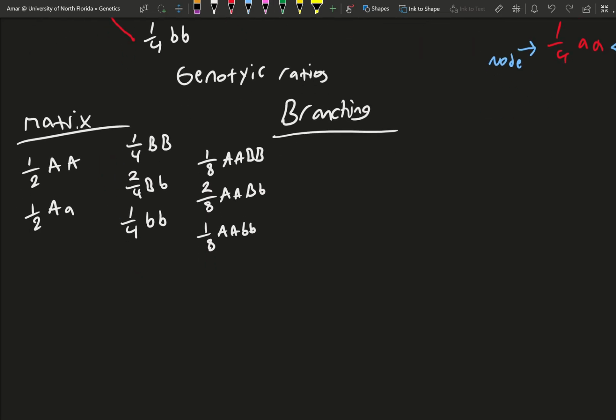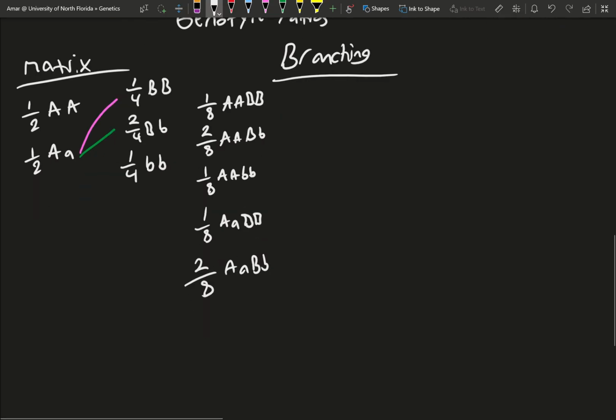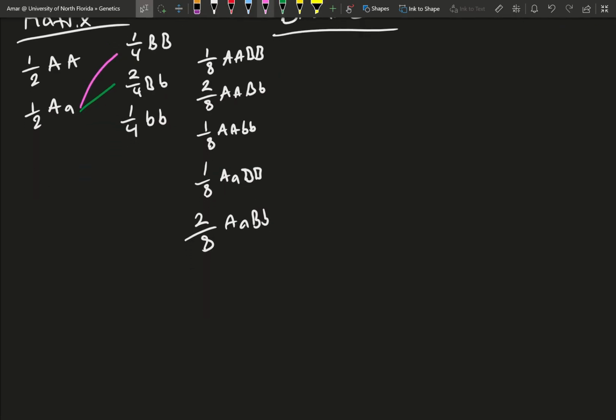Hopefully that makes sense. And then big A, little a with big B. We're going to have a 1/8 big A, little a, big B. We would have a 2/8 big A, little a, big B, little b. And then we would have a 1/8 big A, little a, little b.